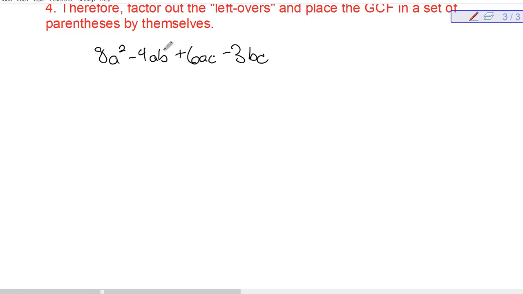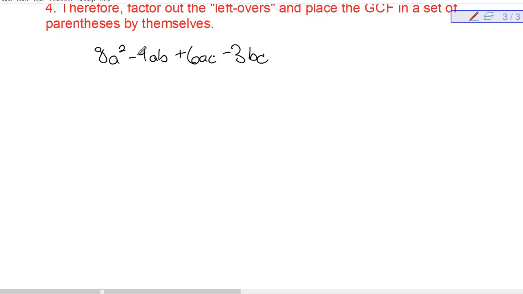So the first thing I do is I want to see, is there a number that will divide into all four of these numbers? No, because of this 3. These three numbers can be divided by 2, but this one cannot be. So there's no common number to put in all of them.